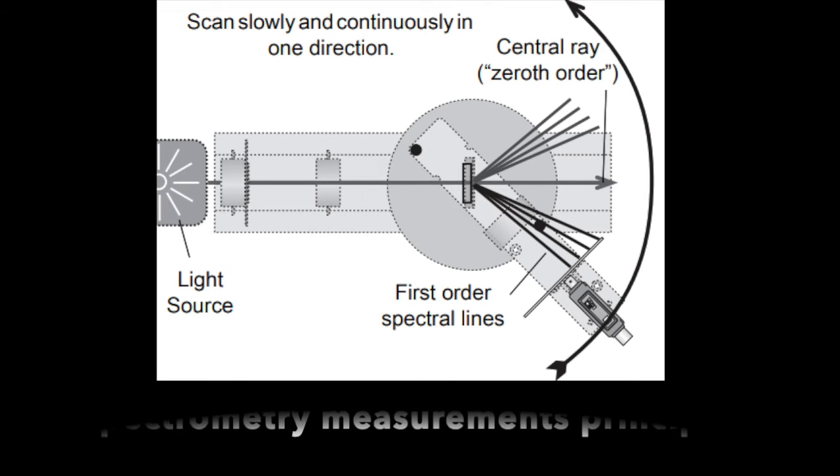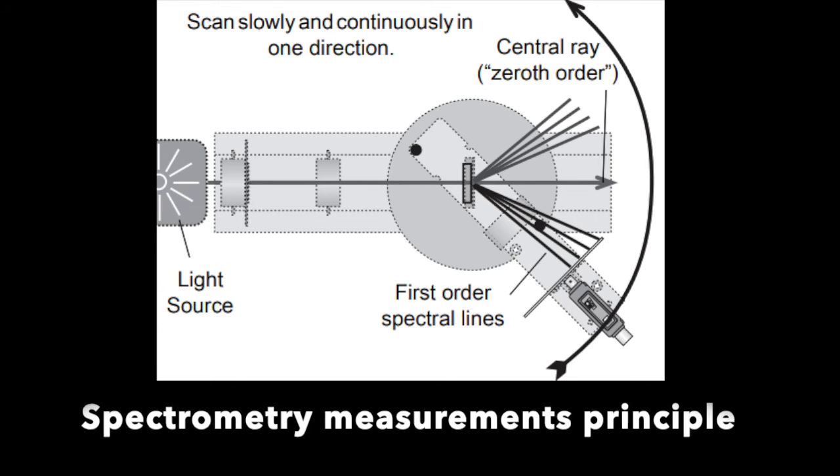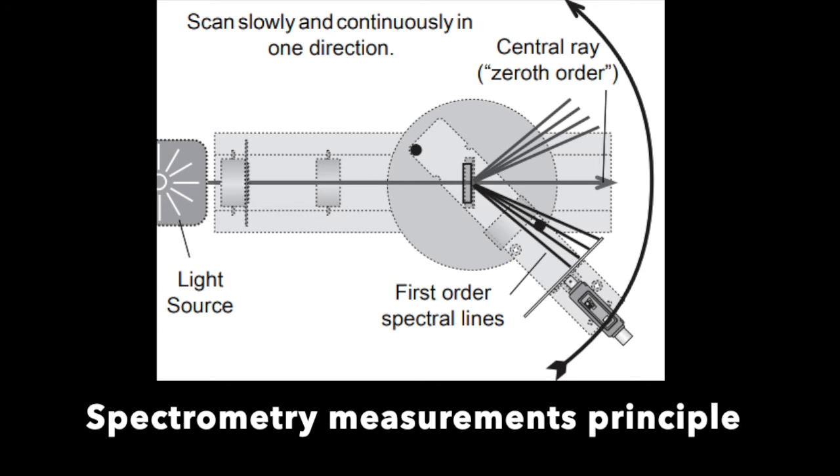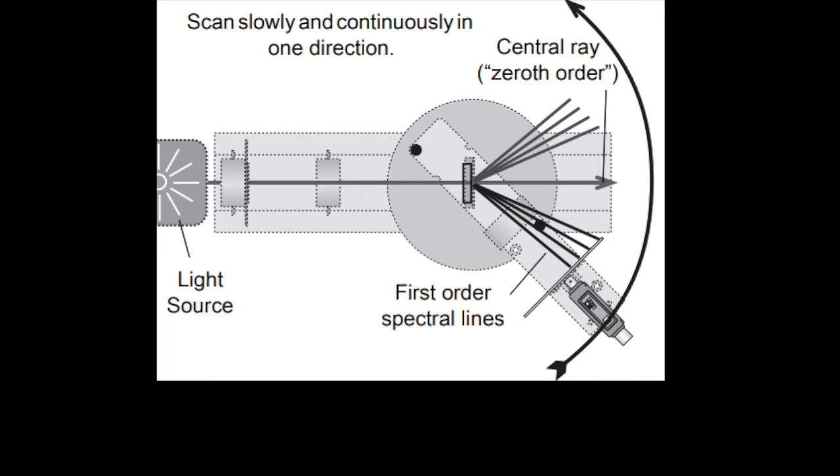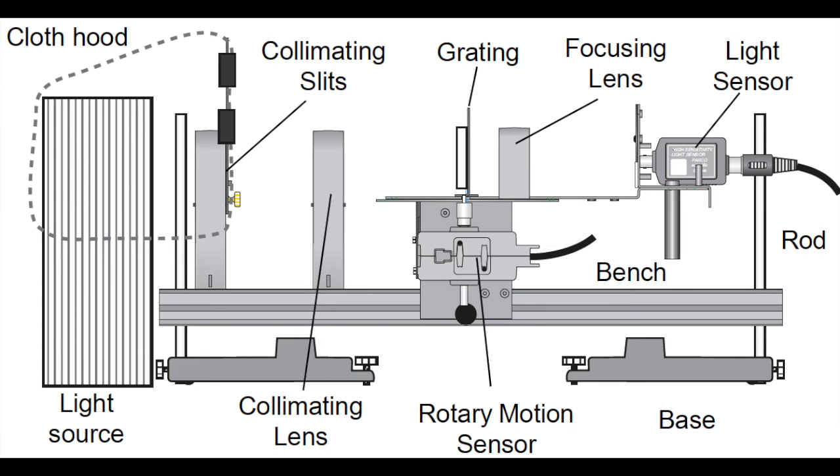In order to measure the spectral line, we have to move the light sensor really slowly. All the elements are aligned.